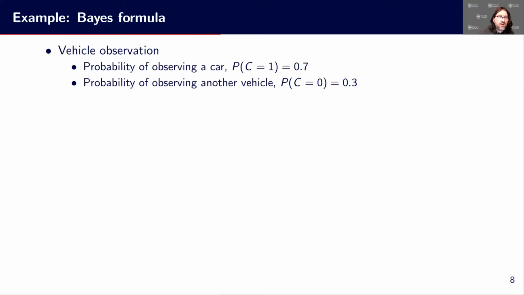An example of this is to say we are observing vehicles, and there are two possible outcomes. This is either a car or another type of vehicle.